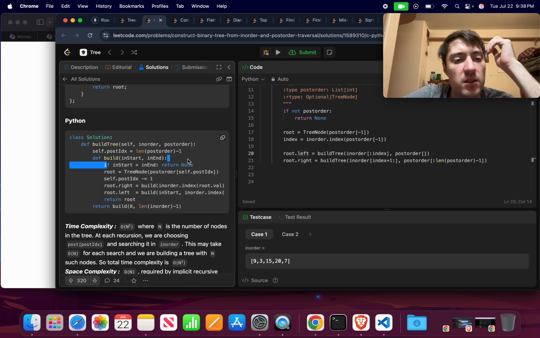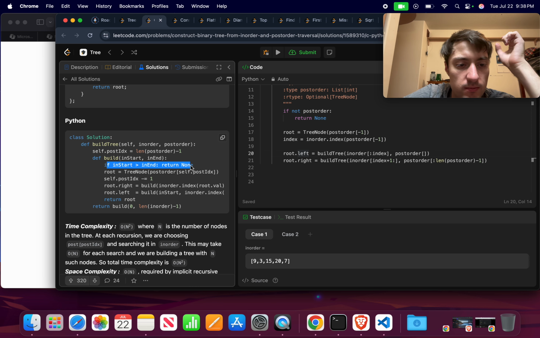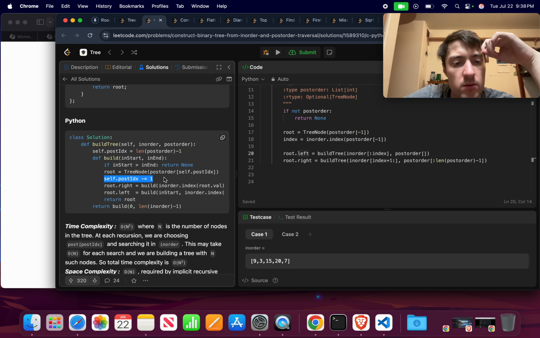This is the base case. They create the node. They decrease where the index is.